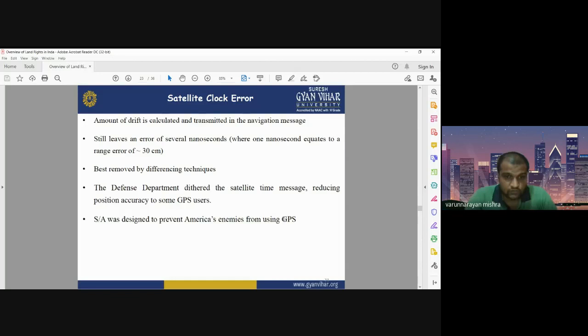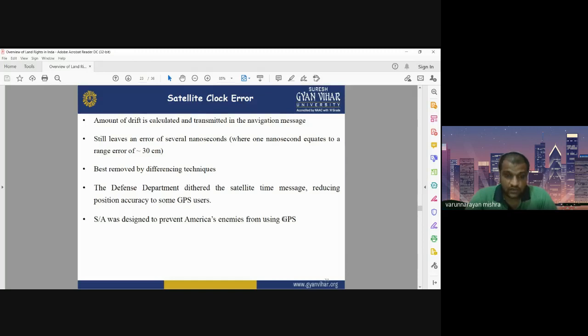So we should use a GPS receiver having a good clock, so that it can be synchronized with the time measured by the atomic clock in the GPS satellite. The amount of drift is calculated and transmitted in the navigation message, and still it leaves an error of several nanoseconds.